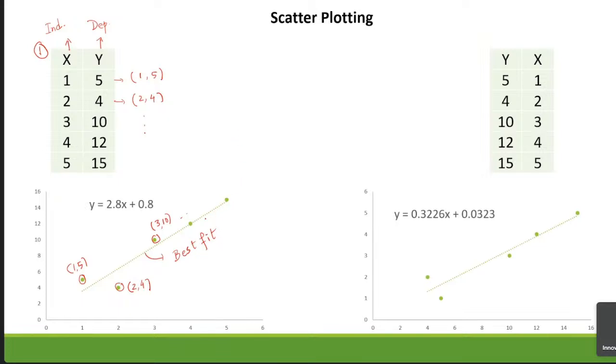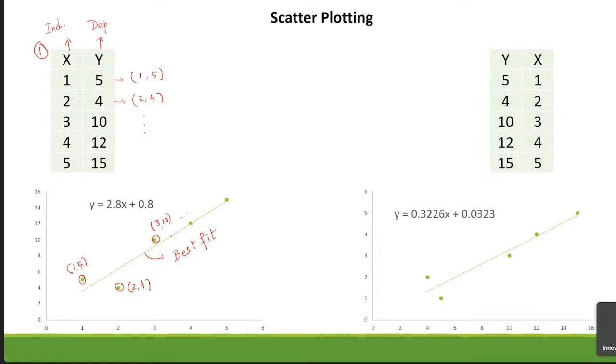How this best fit line is plotted is based on the least square approximation method. However, today it is not our scope to discuss how this line is plotted, that is, the overview of least square approximation. But the best fit line equation we will discuss now.